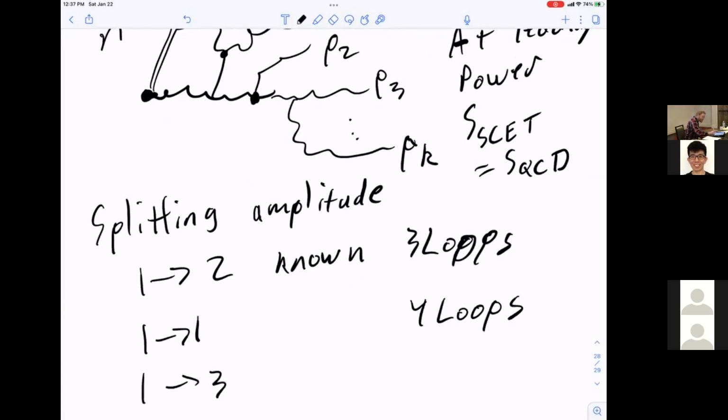Yeah, I would say the 1 to 3 is known, which also means all loops. So that's what that matrix element reproduces. And you can go and actually do the calculation. You look up the splitting amplitudes that the normal perturbative QCD people write down. And you can calculate these matrix elements in SCET and you find that they produce the exact same expressions.